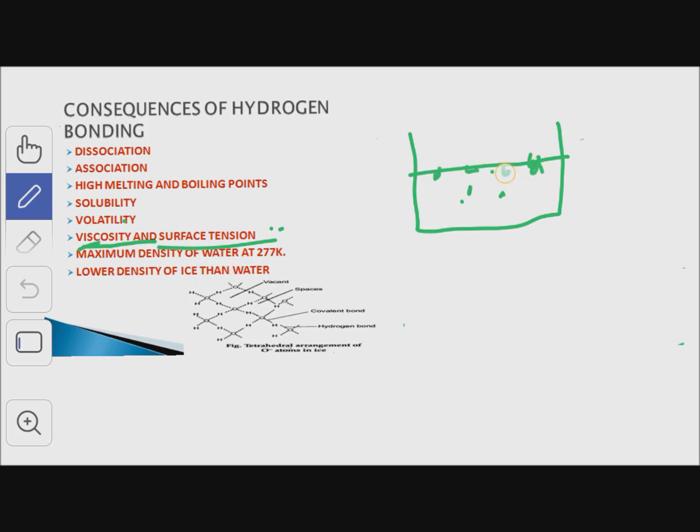The molecules on the surface experience the net inward force. This is the net inward force by the molecules in the bulk, which creates a tension on the surface, and that tension, that stretching on the surface by attracting the surface molecules into the bulk is called surface tension.